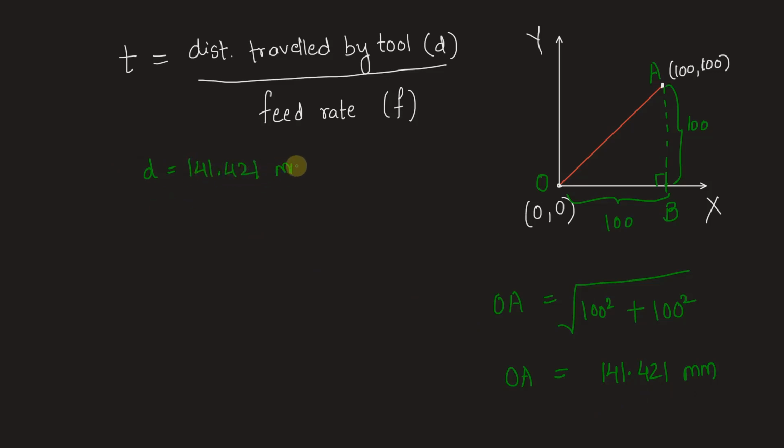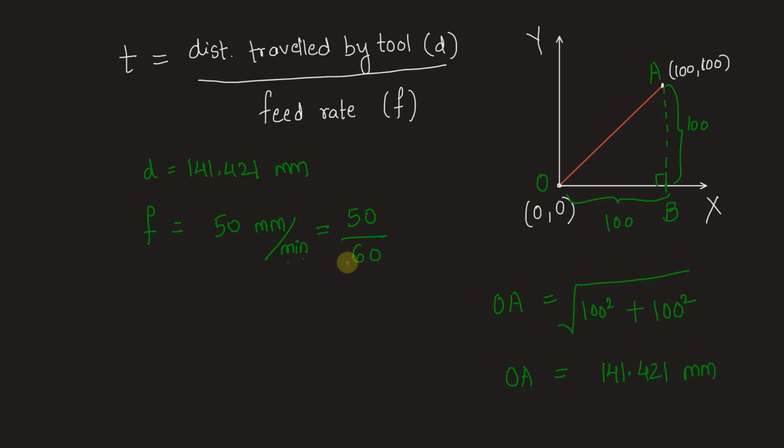We have the distance small d, 141.421 millimeters. But the feed rate F is given as 50 millimeters per minute, and we need to find the travel time in seconds. So we'll convert this feed rate to millimeter per second. We have 50. To convert minute into second, we need to multiply by 60 in the denominator.